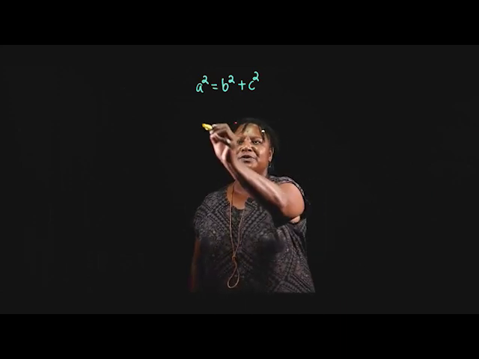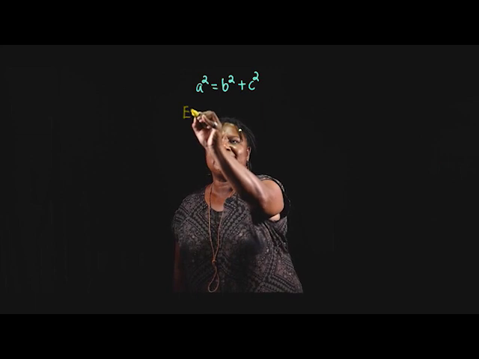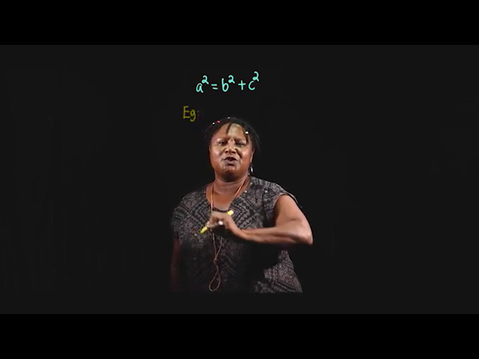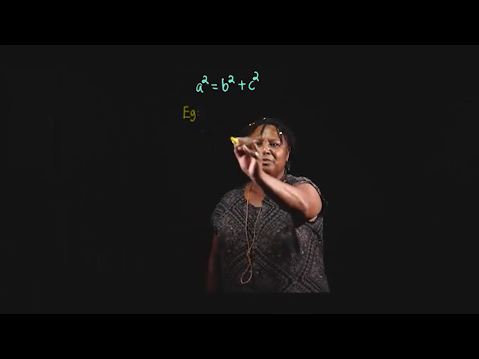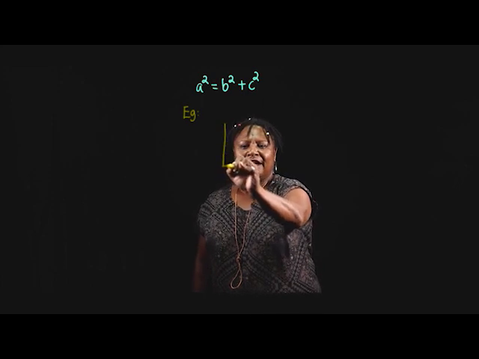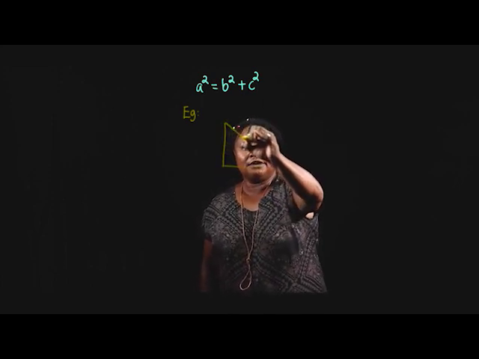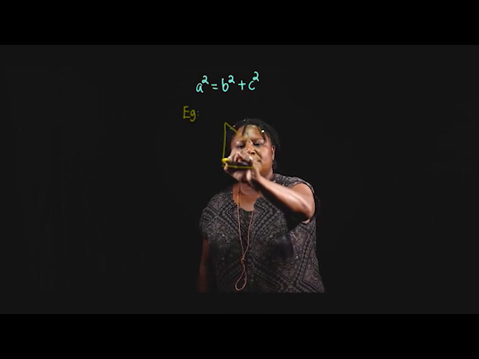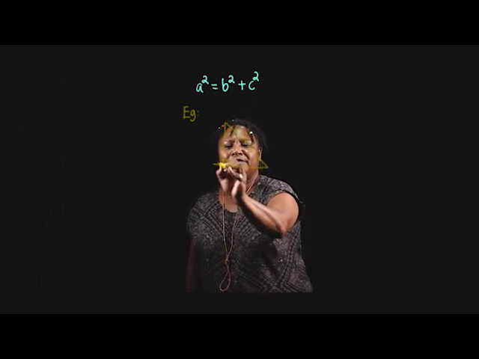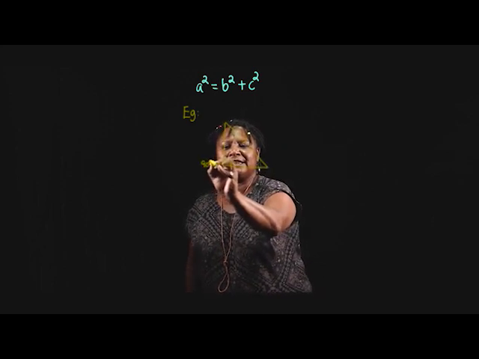Now we are going to do an example to show how we can find the length of the short side. Assuming we have a triangle, which is a right angle triangle. Remember, this is 90 degrees.